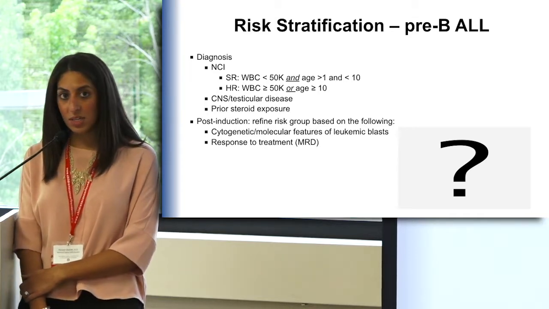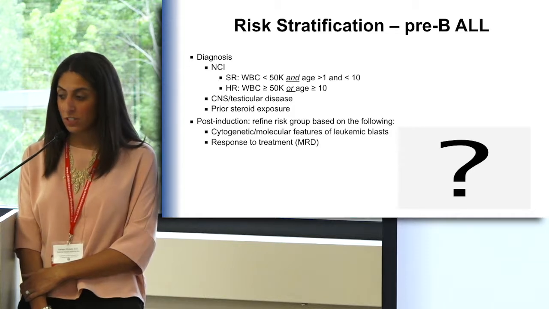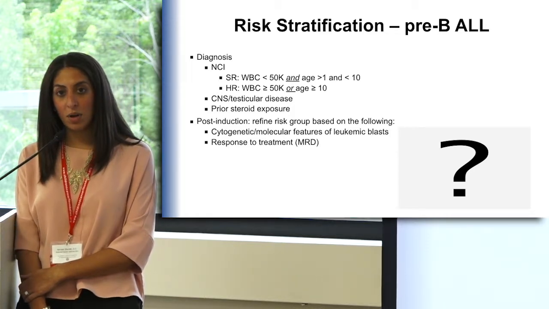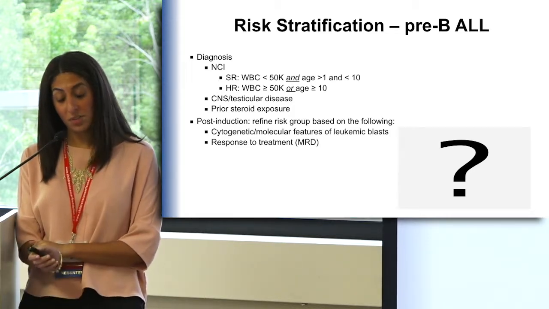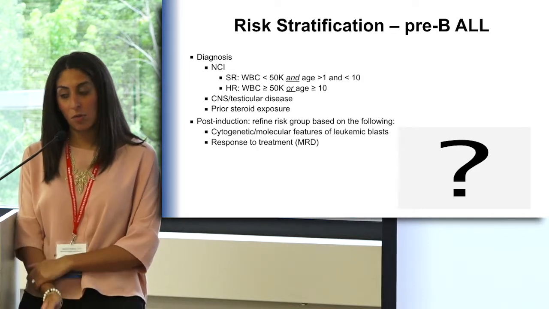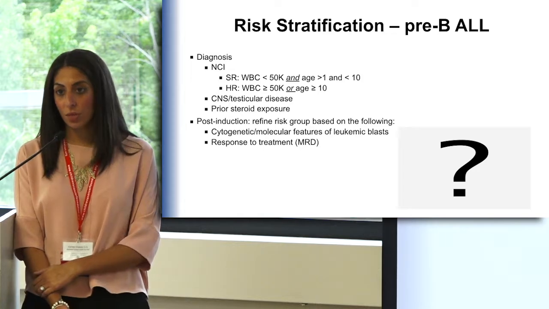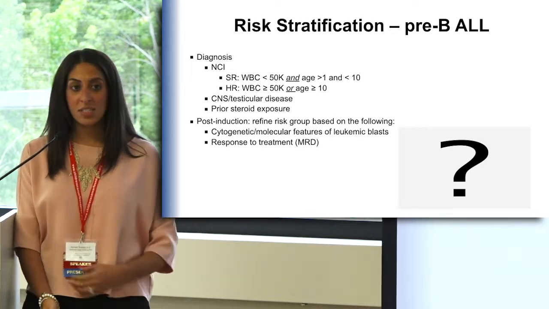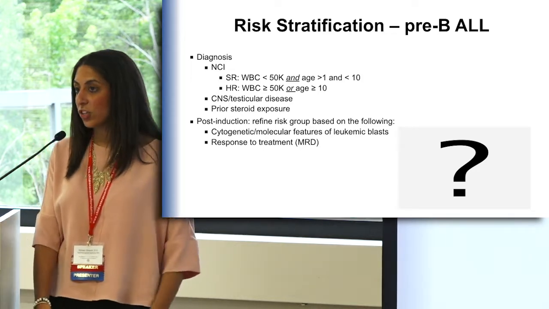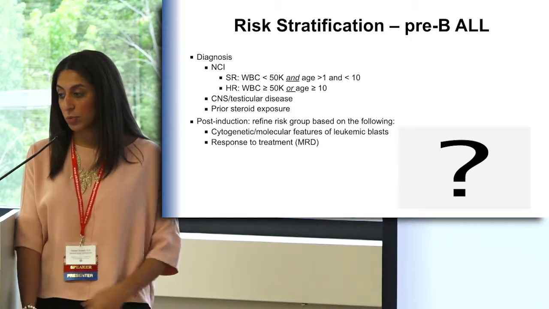Based on this diagnosis, when the patients first present, we'll determine what leukemia therapy they would be receiving. So therefore, if they're standard risk, they would get a general 3-drug induction regimen versus high risk where they add an additional agent, so it would be a 4-drug induction regimen.